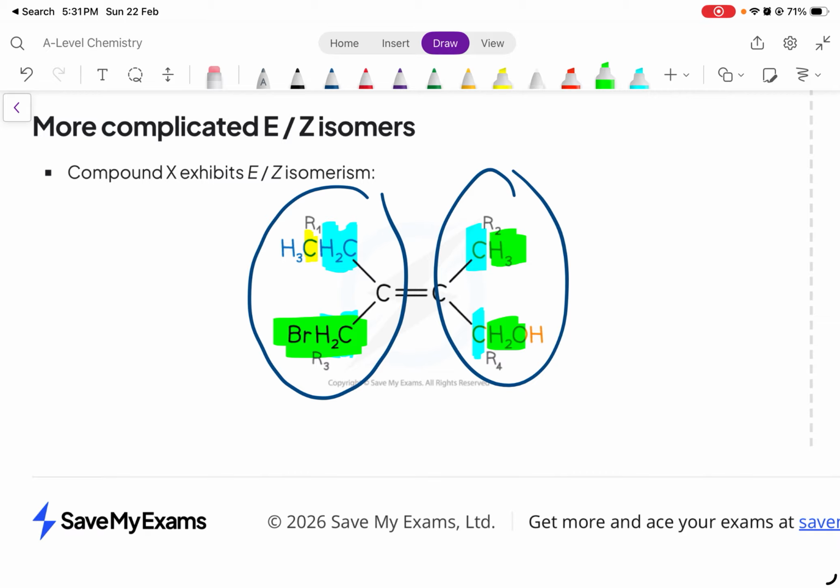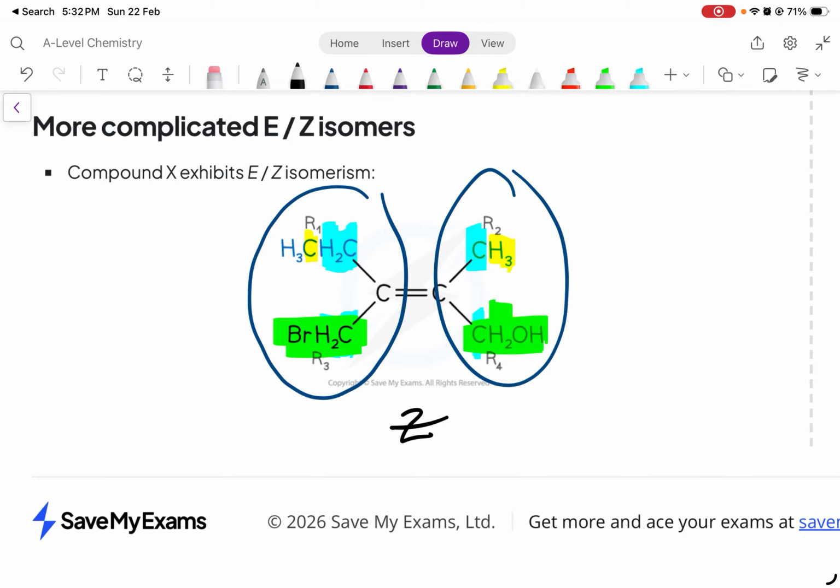When it's different, we look at the entire group. So the hydrogen does not have a higher priority. I used the wrong highlighter. I need to prioritize this one because it has a higher atomic number, oxygen. So in this case, we know that this is Z because it's the same side. That's how we can deduce it.